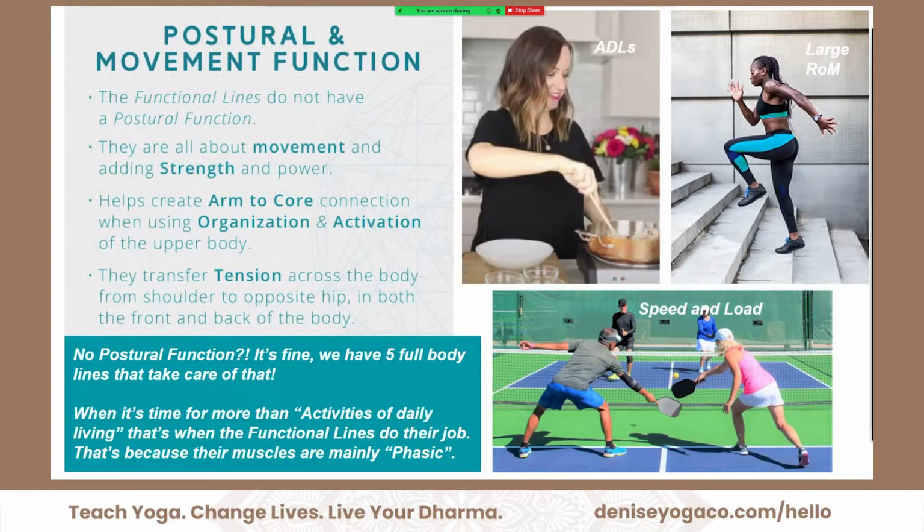I know people count the steps, but real walking is walking with long strides and arms swinging and all of that. That's like human being walking. Now you would use functional lines at some point, especially if you were walking rapidly or walking up a hill or climbing stairs or things like that, then you would definitely be using your phasic muscles for that.